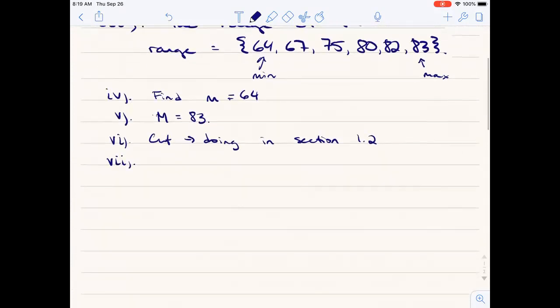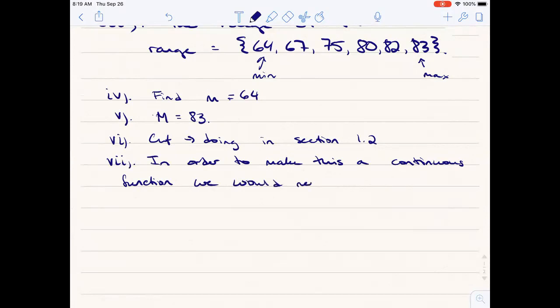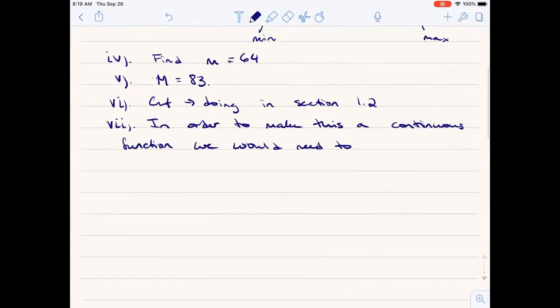Okay? So in order to make this a continuous function, we would need to measure the temperature.